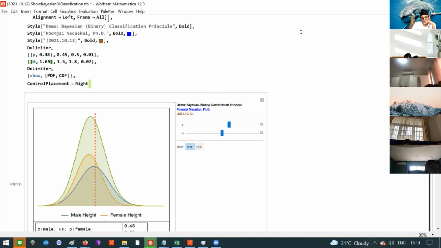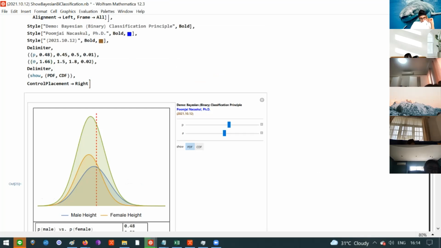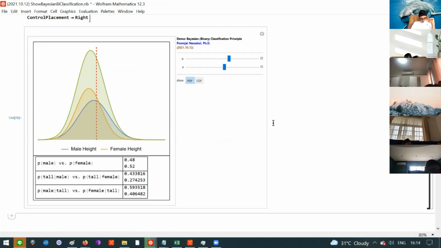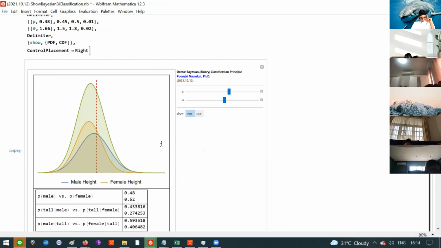So this would be an example of using Bayesian to do this kind of analysis. So that is really the prediction model.